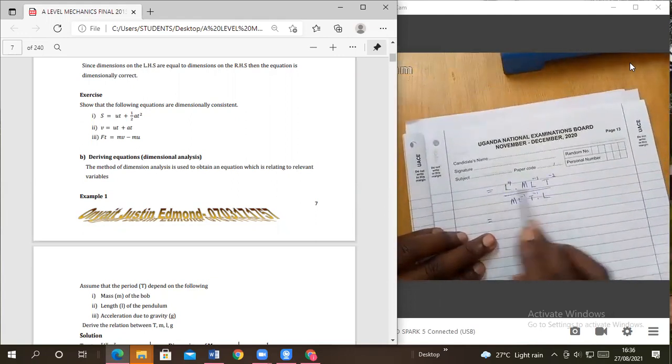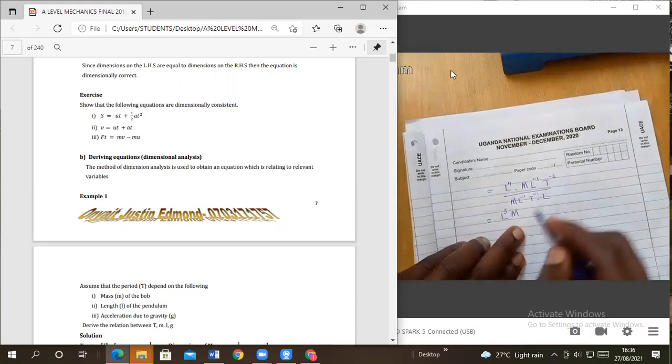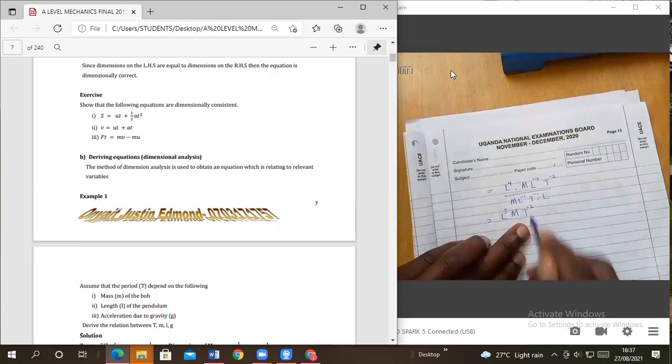I have L to the power 4 and L to the power -1, which reduces to L to the power 3. M is alone, so M. T is also alone.